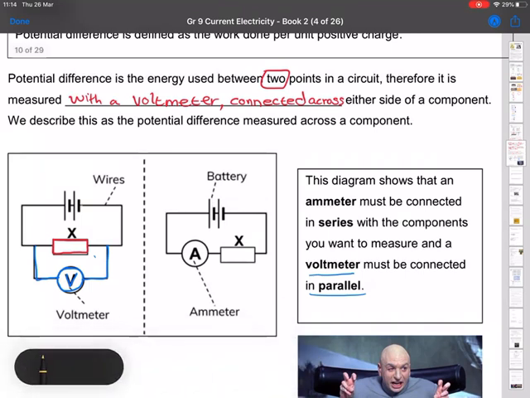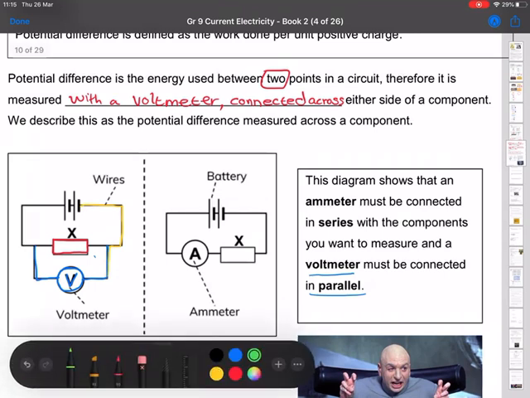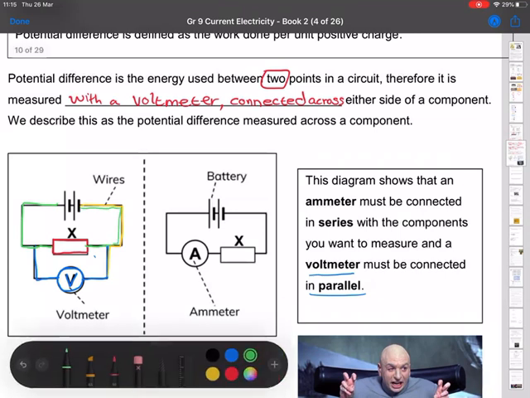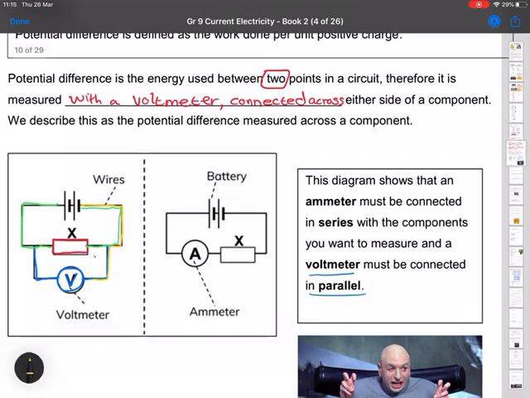The voltmeter is connected in parallel, which means that some current can go from the negative terminal of the cell through the voltmeter. Very little will go through there because voltmeters have got high resistance, but most of the current will go through the resistor. Some, though, will go through the yellow path, just a tiny little bit, and the voltmeter detects the difference in potential energy across that component.